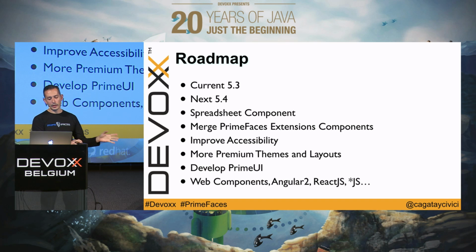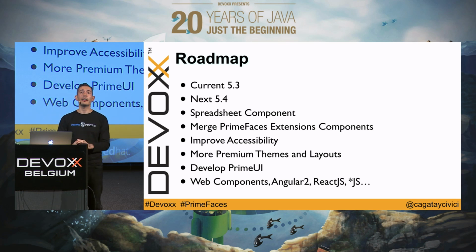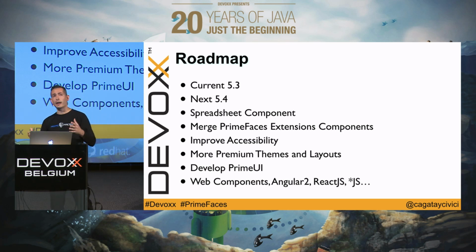And now we have turned our attention to newer specifications like web components, Angular, and React, where we feel it's quite similar to the JSF model, because JSF components are server-side and web components are client-side, with the same tags, right? So we are planning to create new open source projects around them and port PrimeFaces widgets to these. Not all of them, probably, but web components and Angular are quite nice candidates right now. We have already started working on it.